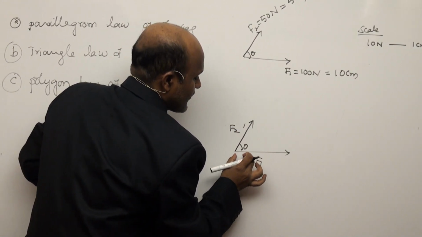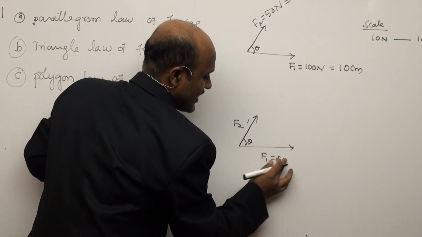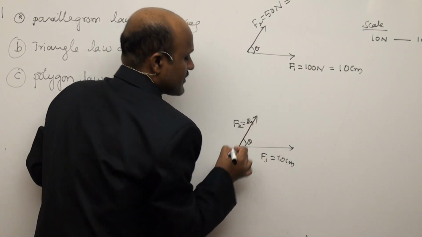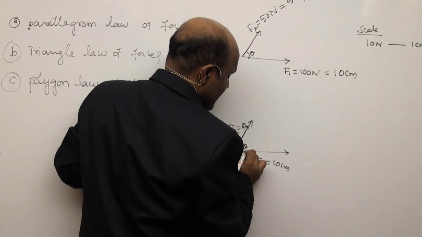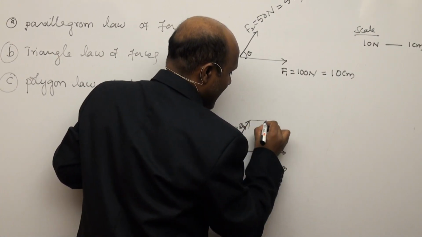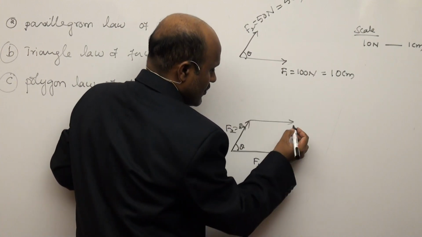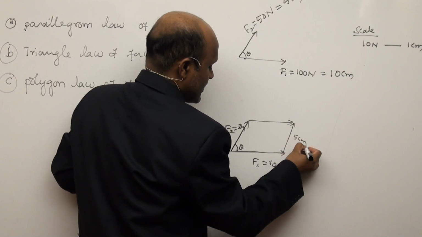F1 is 10 centimeters and F2 is 5 centimeters. Draw a line parallel to F1, which is also 10 centimeters, and for F2, draw another line parallel to it, which is also 5 centimeters.